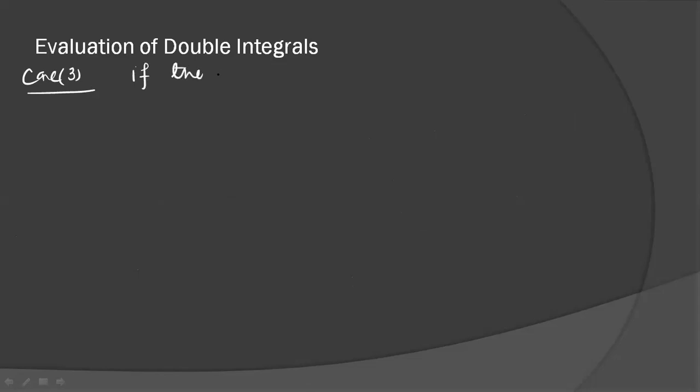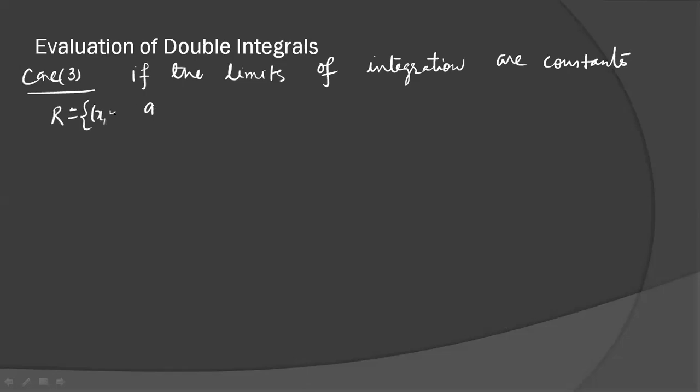If the limits of integration are constants such that region R, I am taking here, the collection of all ordered pairs, a is less than or equal to x less than or equal to b and y is greater than or equal to c less than or equal to d.